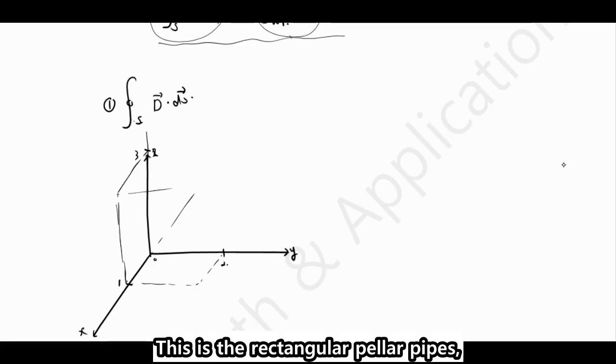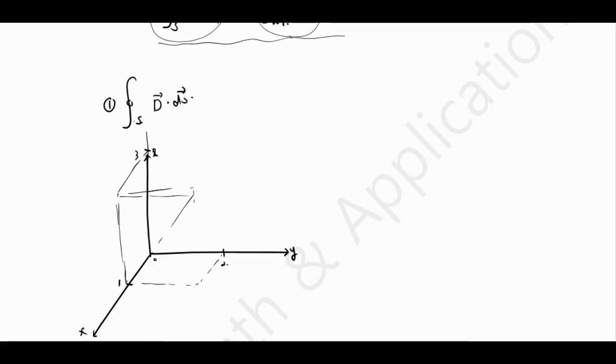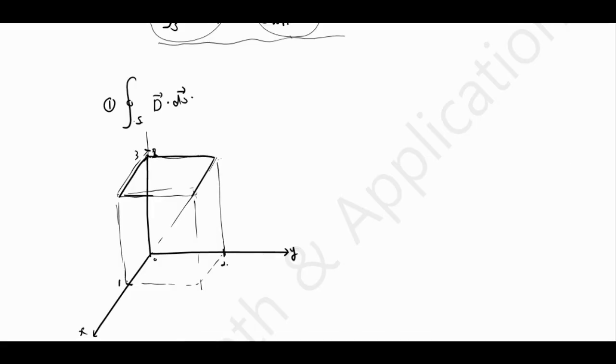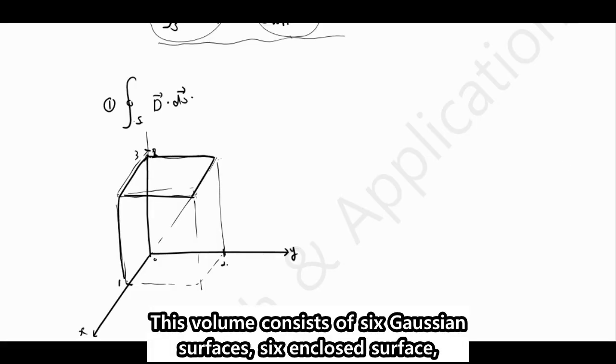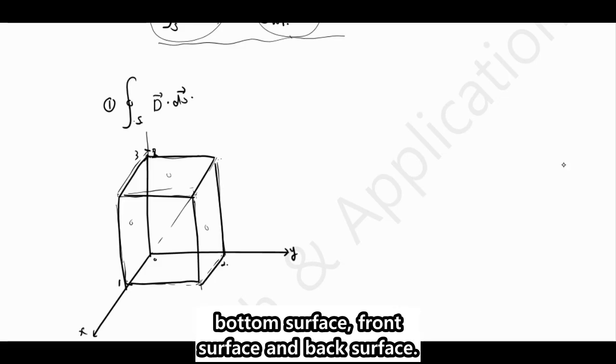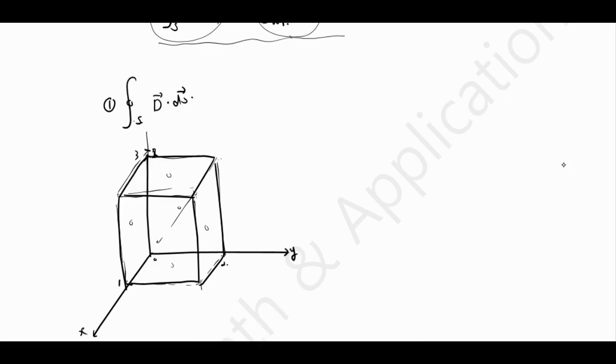This is a rectangular parallelepiped. This volume consists of 6 Gaussian surfaces, 6 enclosed surfaces: right surface, left surface, top surface, bottom surface, front surface, and back surface.